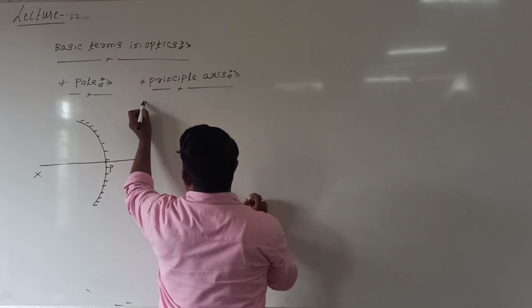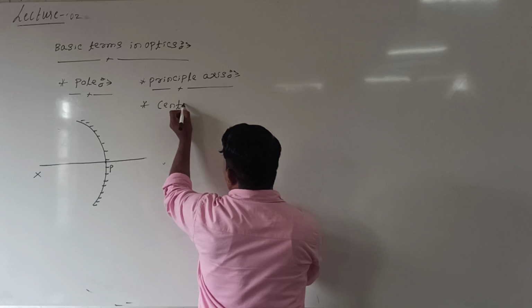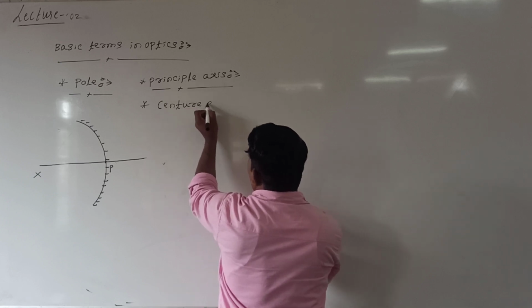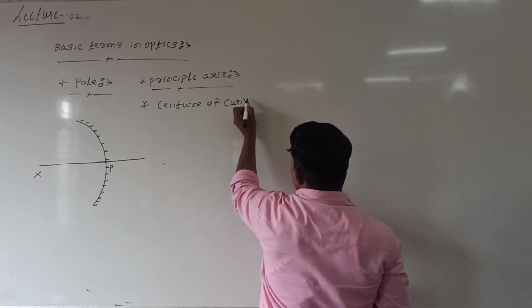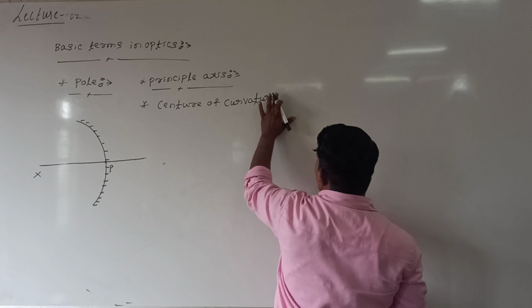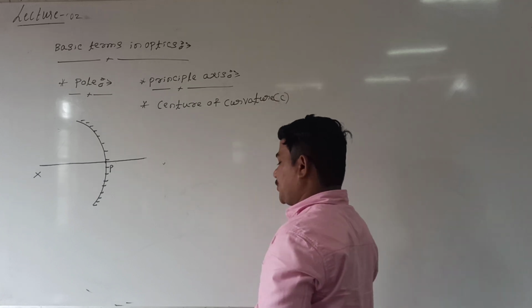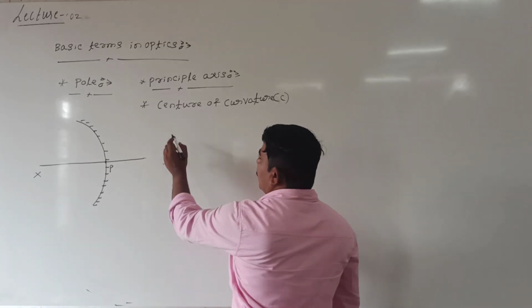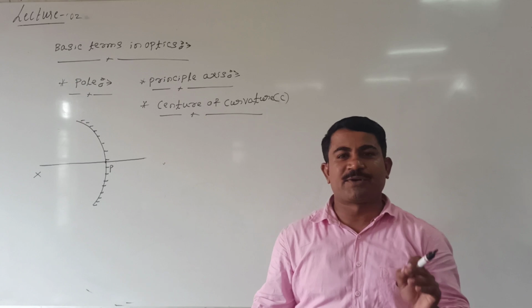One more term, that we call center of curvature. Center of curvature is represented by the letter C. To understand this concept, I would like to take a point.